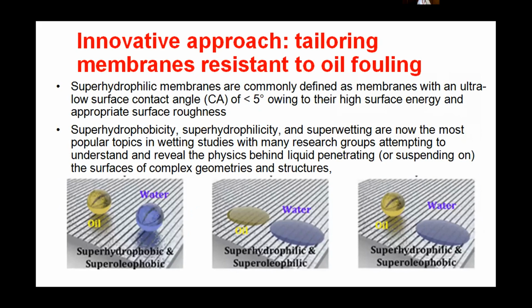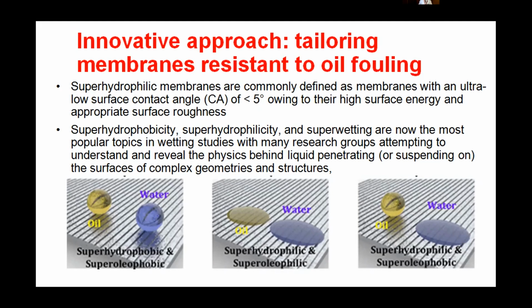But if you control the structure you want, for letting the oil pass through the pores or preventing the oil and letting the water pass, we have to tailor the structure of the membranes to go through super hydrophilicity and super oleophobicity for the oil to be prevented.